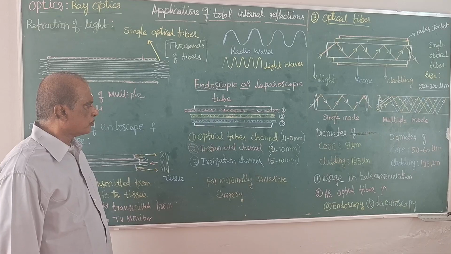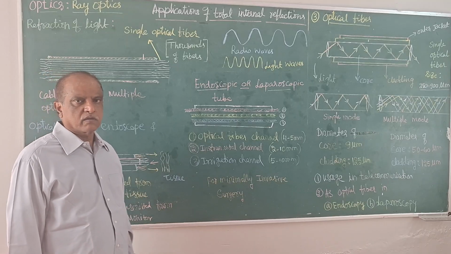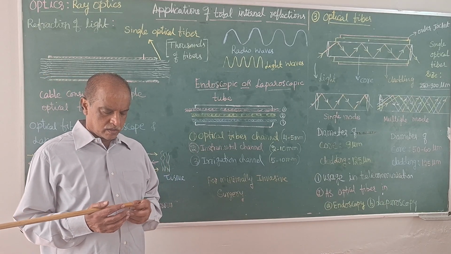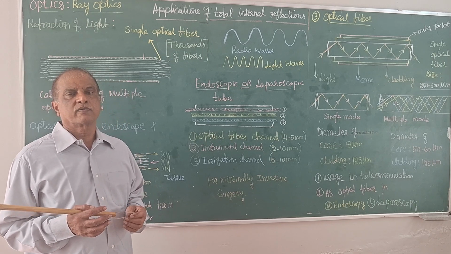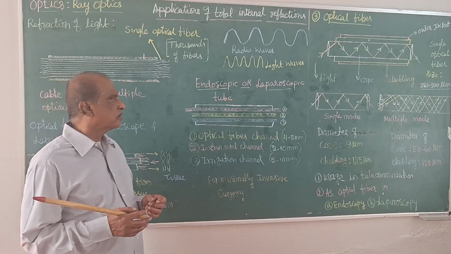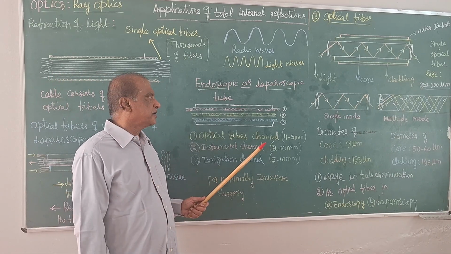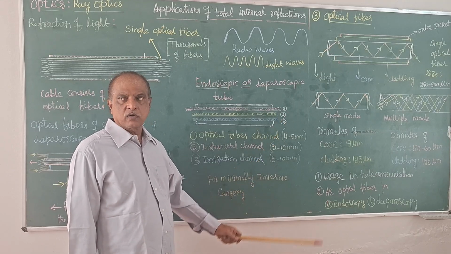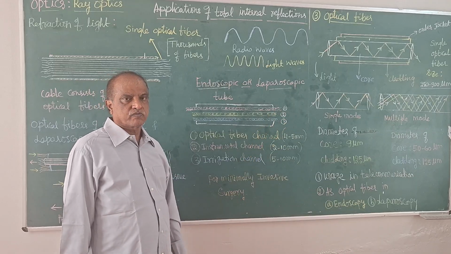And one more channel is there, the irrigation channel. What is the irrigation channel? We are pumping water under pressure. What water? The saline and also sterilized water. What for? For washing and removal of the blood and other debris at the site of surgery, and also washing of the lens clogged during the surgery.